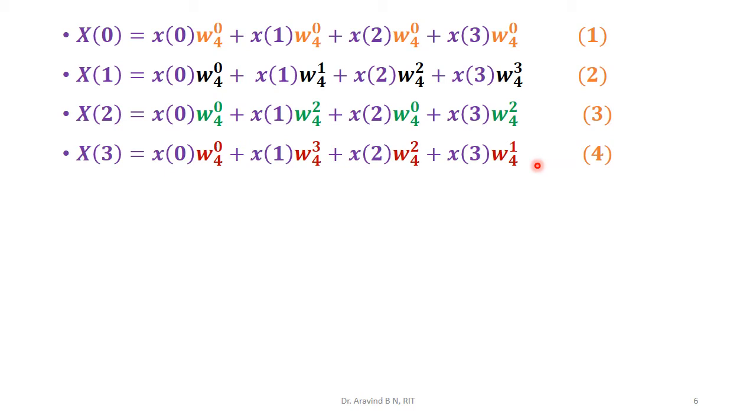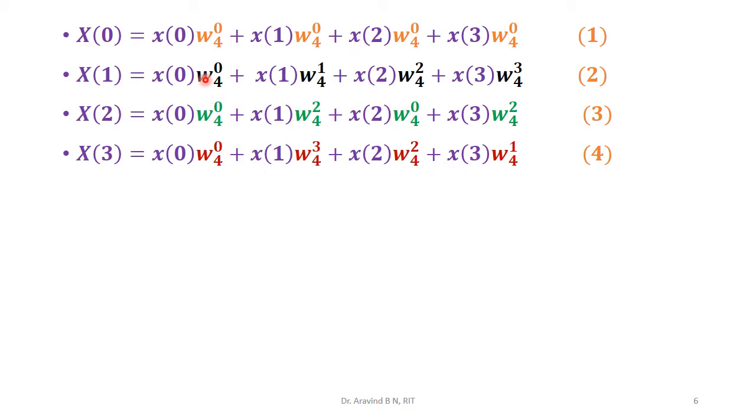What is varied in each of the expressions, that we are going to keep as a 4 cross 4 matrix.